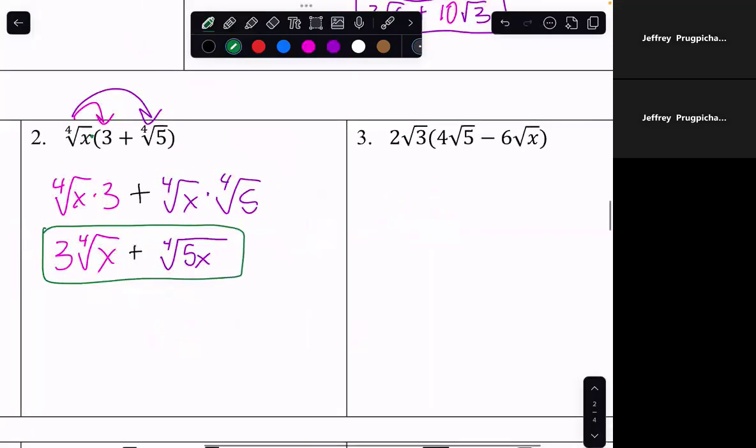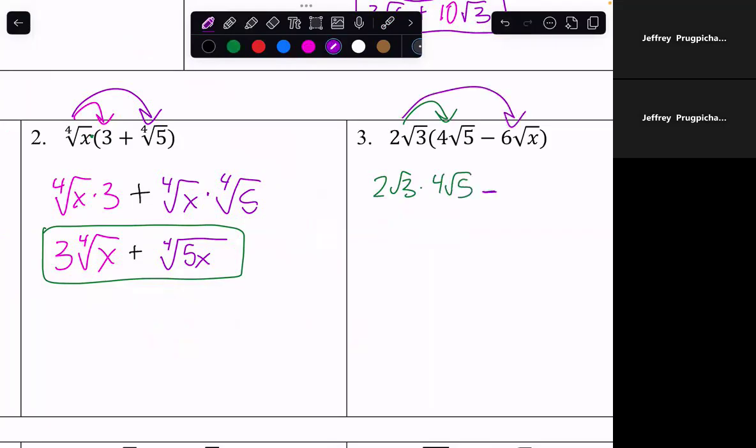And then over here, again, we would distribute. So the 2 radical 3 would first multiply the 4 radical 5. And then the 2 radical 3 also multiplies the 6 radical x.